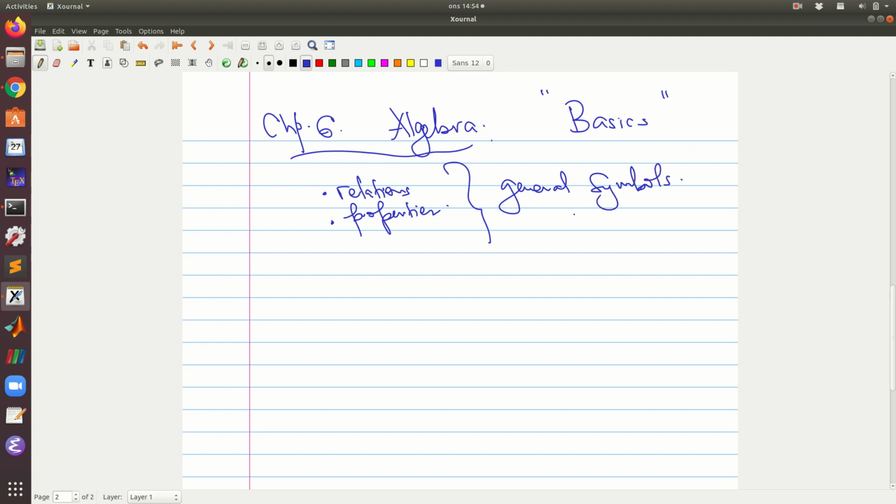For instance, one can have the symbol A equal to L times B, where A maybe stands for the area, L stands for the length, and B stands for the breadth, such that to get the area of maybe a piece of land or some particular shape, we will take its length times its breadth, and then it will give us the area.